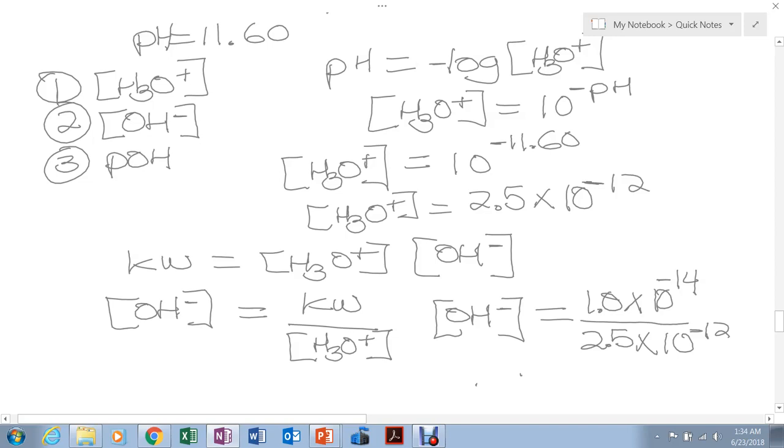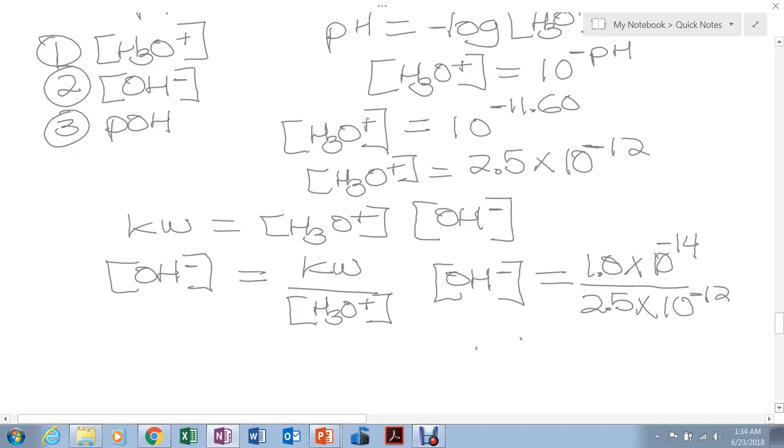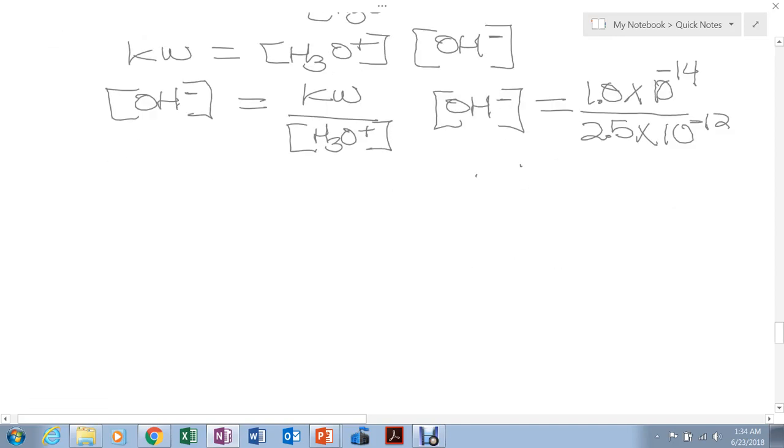The concentration of OH would be now equal to 4.0. Yeah, you have to put only one decimal, 2 significant figures, because it comes from here.